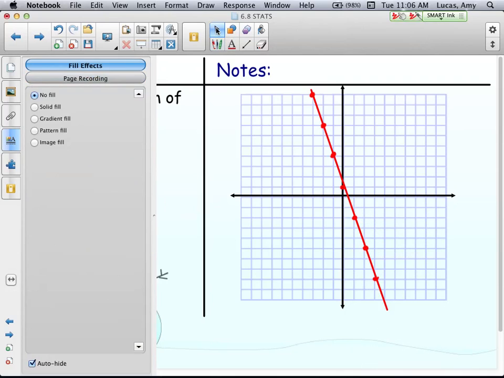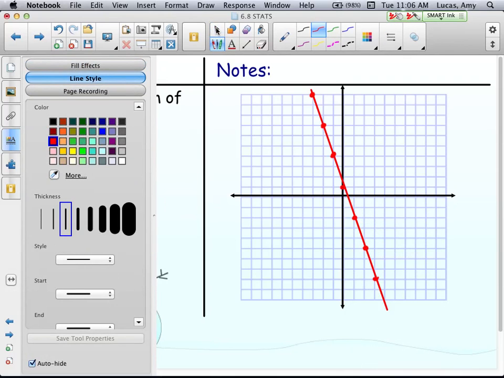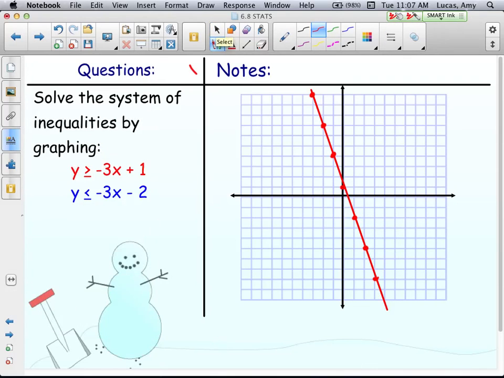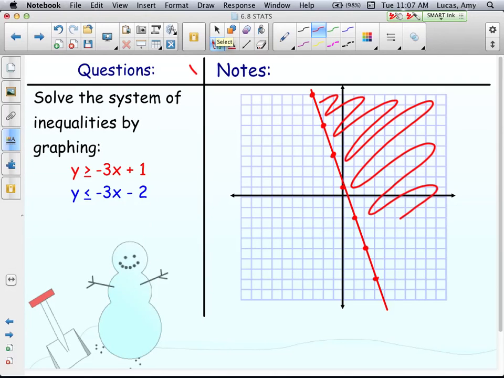And it is greater than or equal to, so greater than or equal to would be shaded on this side because it's above the line. My second one, less than or equal to, intercept is -2. The slope is the same. It's going down 3/1.